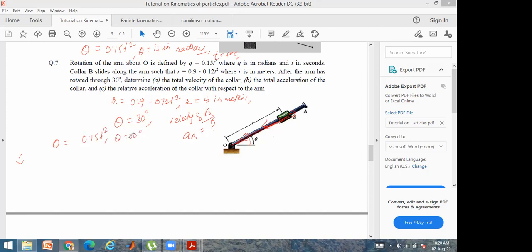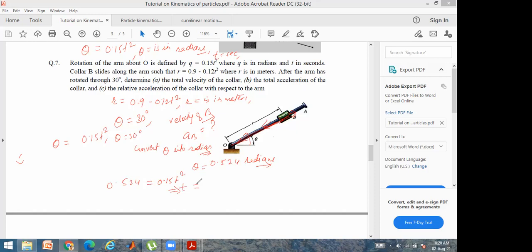You need to convert theta into radians. When you convert theta into radians, it equals 0.524 radian. That means I can write 0.524 equals 0.15 t square. This implies find the value of t.